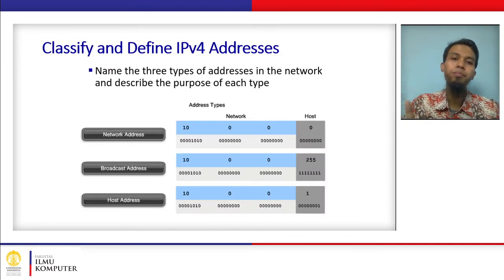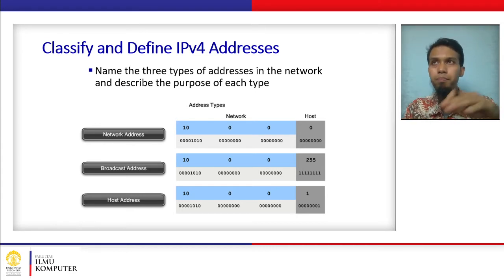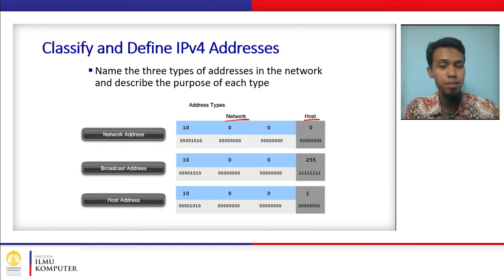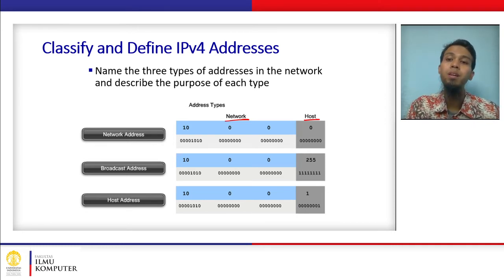Now we have seen that there are several parts of the IP addresses. We have the network part and the host part, right? Another thing that is very important is that there are two addresses which are reserved. Let's say we have one network.